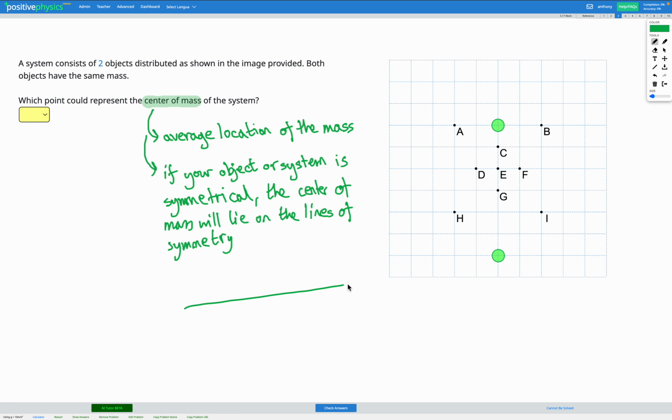So if you imagine a seesaw with no one sitting on it, the center of mass of that seesaw will be the middle, because that's our line of symmetry. That's where our seesaw will balance.